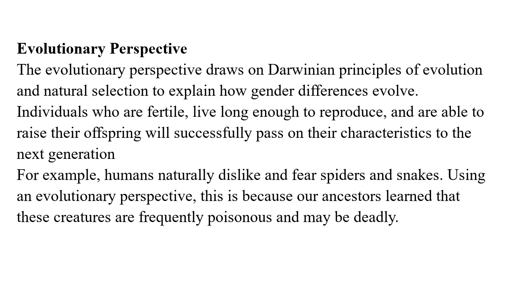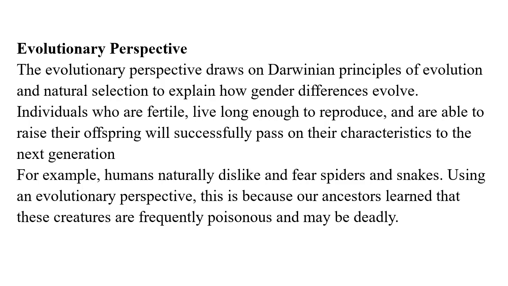Evolutionary perspective. The evolutionary perspective draws on Darwinian principle of evolution and natural selection to explain how gender differences evolve. Individuals who are fertile, live long enough to reproduce and are able to raise their offspring will successfully pass on their characteristics to the next generation.